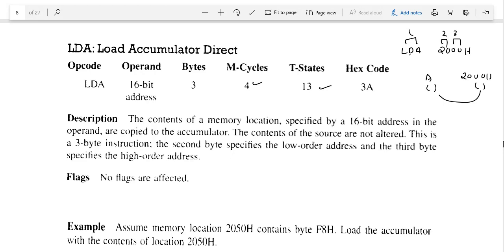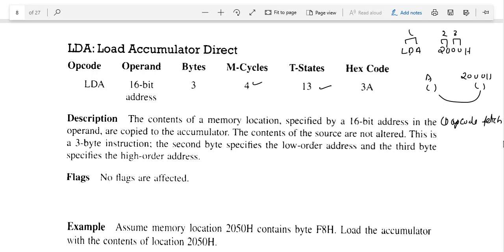So there will be at least 3 machine cycles: opcode fetch, memory read. Now we will see whether there are any other operations carried out in this instruction. It is reading data from the memory, so that's why there is another memory read. So how many machine cycles does it have?